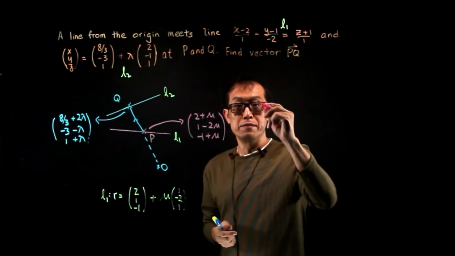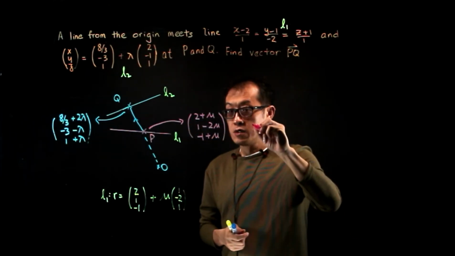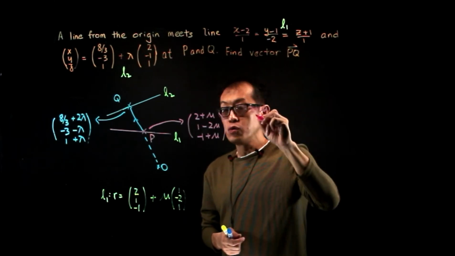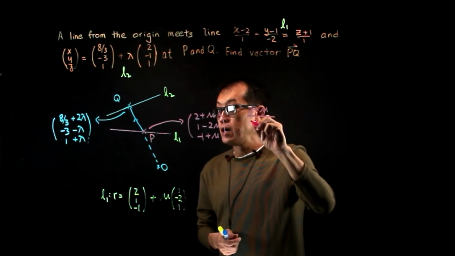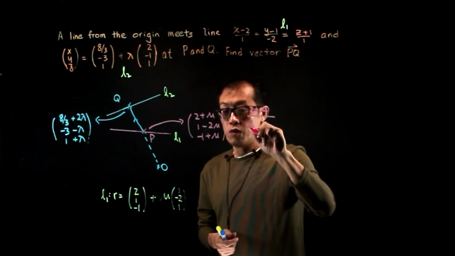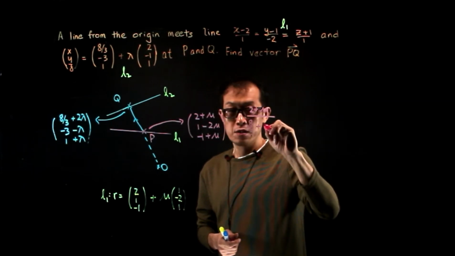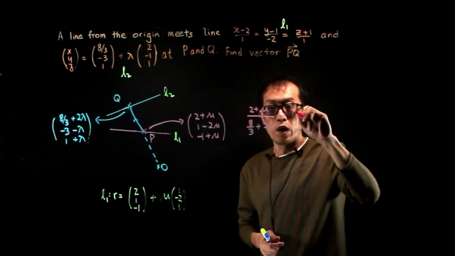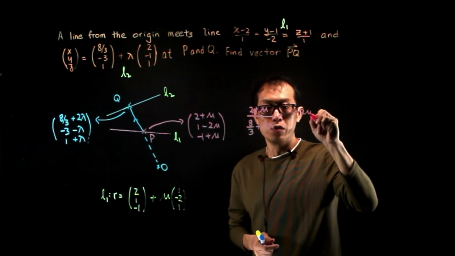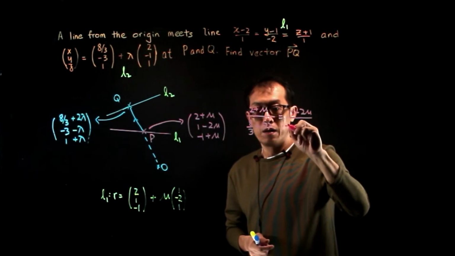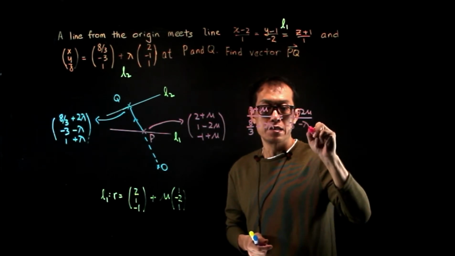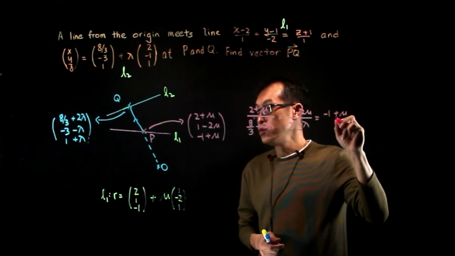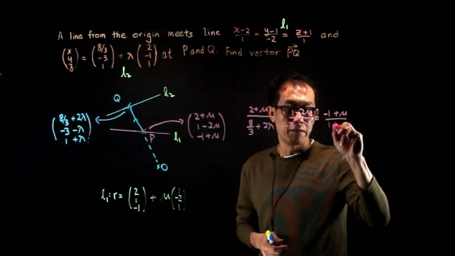So let me write down the equation. So (2 plus mu) over (8 over 3 plus 2 lambda) will be equals to (1 minus 2 mu) over (minus 3 minus lambda), which equals (minus 1 plus mu) over (1 plus lambda).